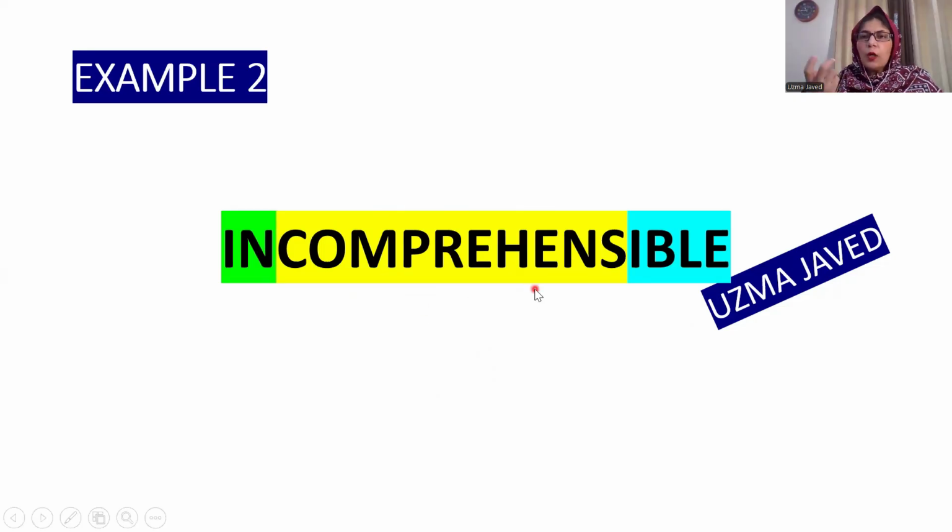Something which is comprehensible means it makes sense to you. Whereas the prefix in changes the meaning of the word into the complete opposite, and it tells us that it is something that does not make sense.